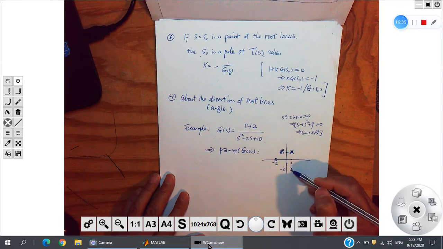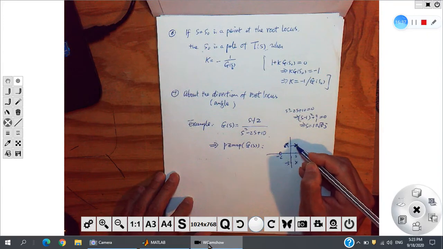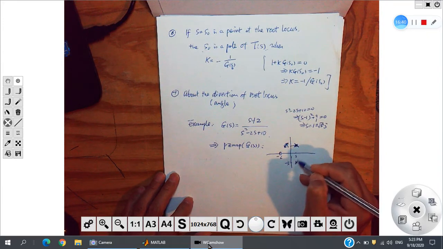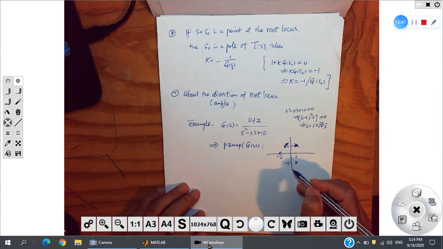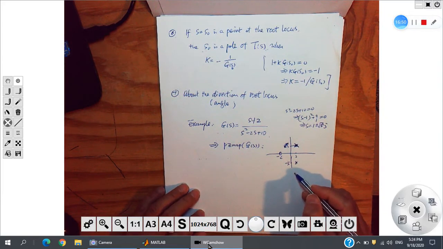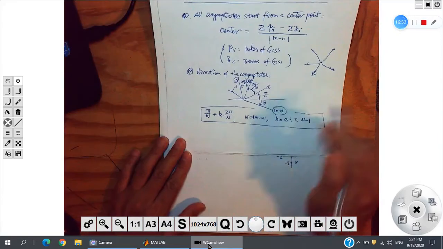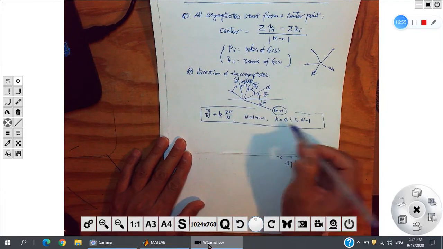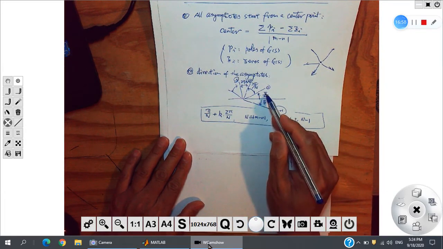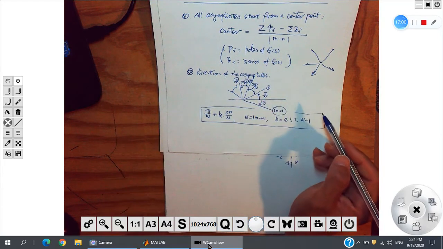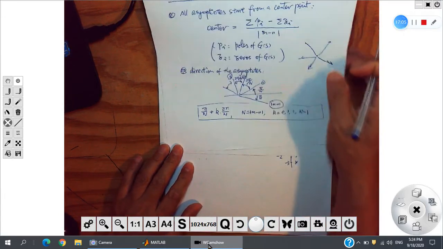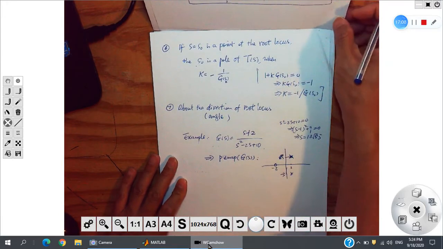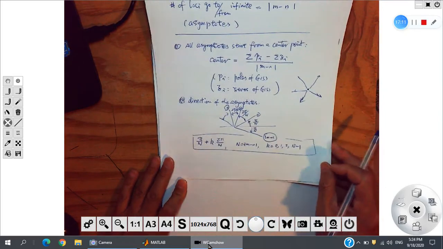They will start from the poles, and one branch will go to the zero, the other will go to infinity.